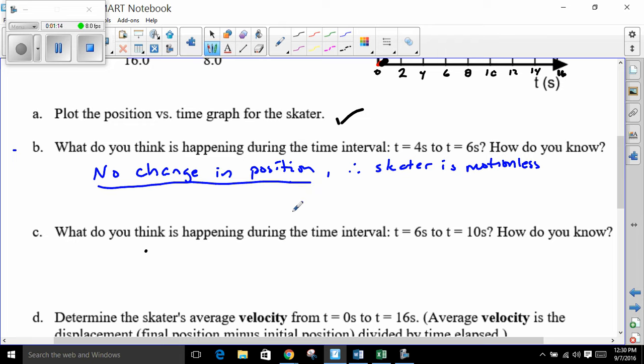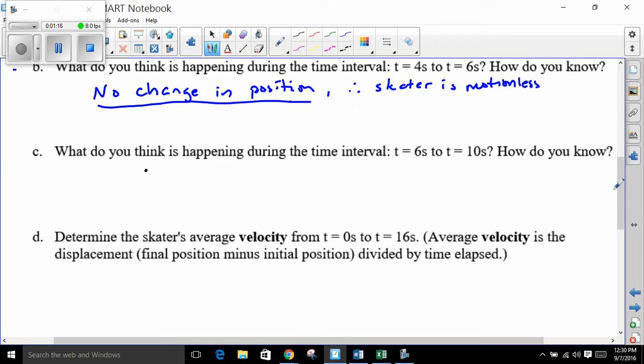What do you think is happening during the time interval from 6 seconds to 10 seconds? During that time, I would say that the skater is moving toward the reference point, which is x equals 0 meters.